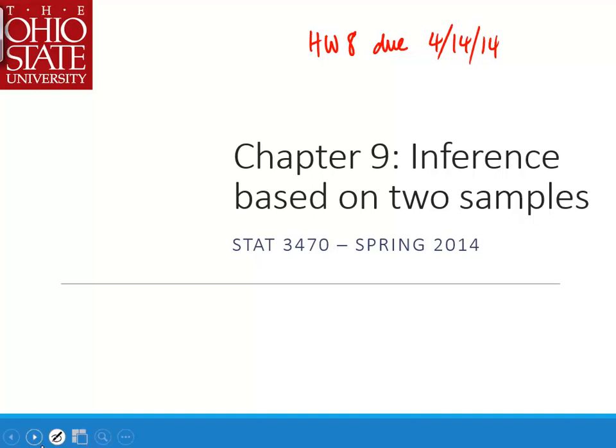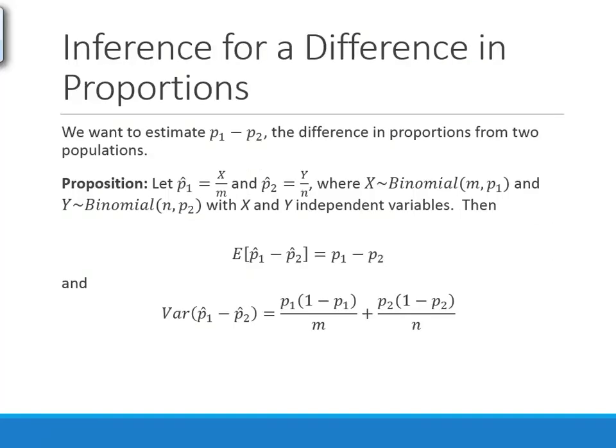We're going to finish up Chapter 9 with the other case that we looked at in Chapters 7 and 8, a population proportion. Before we were looking at the difference in population means, now we want to do the same types of things for the difference in proportions from our 2 populations. So we want to estimate P1 minus P2, where P1 is a certain proportion of something from one population and P2 is a proportion of the same thing from a different population.